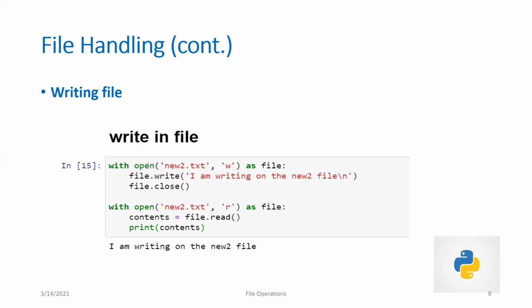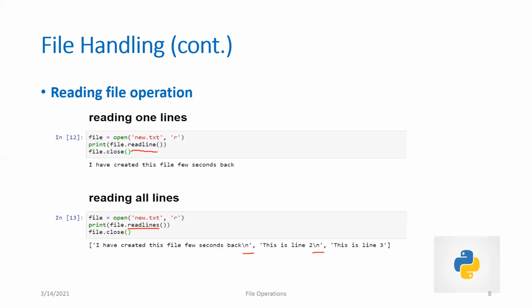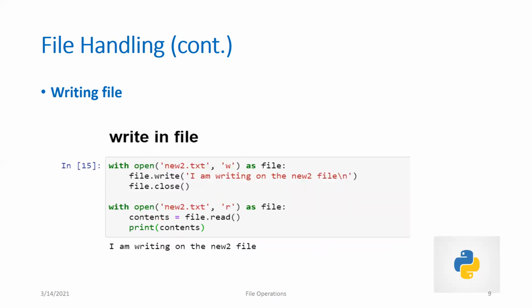So now come to the write operation. We can write in this way, replacing this open mode, so we can use the write operation here also. There is another way to write a file.